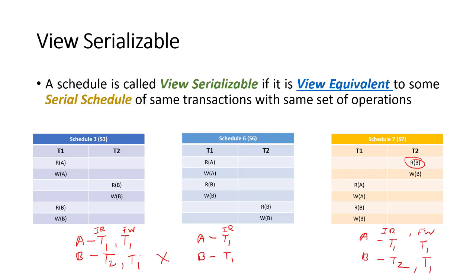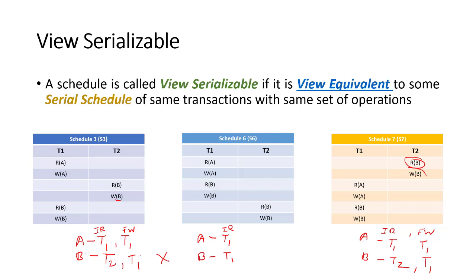So this condition is matching, and similarly the first condition, which says the same transactions with the same operations, is also matching. Now we need to consider, for a write-read combination, which transaction is reading a data written by another transaction. So here data item B, which is written by T2, is read by R1 of T1.